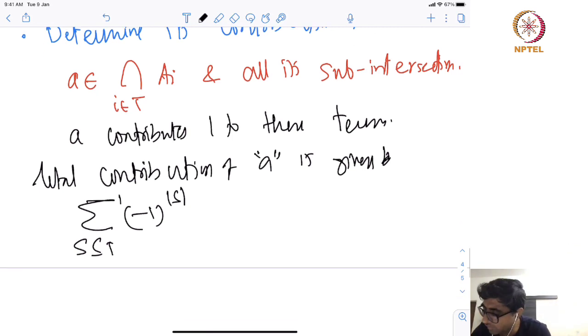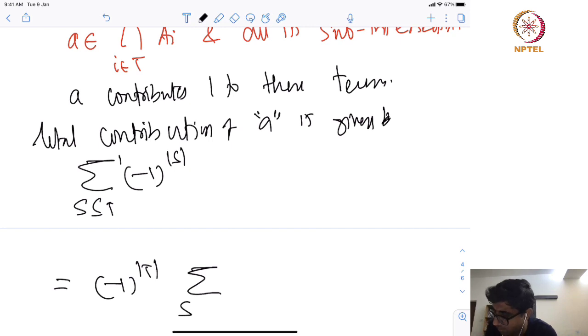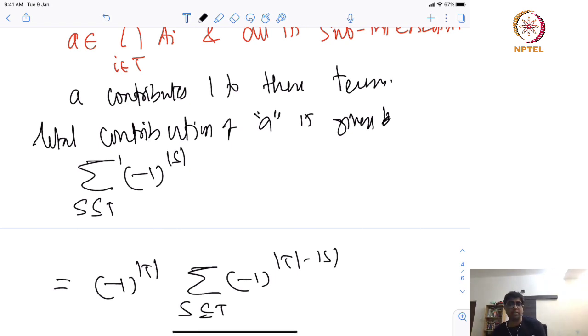So this is equal to minus 1 to the power T. I have just multiplied minus 1 to the power T and plus T, so plus T has gone inside, and this will come out.